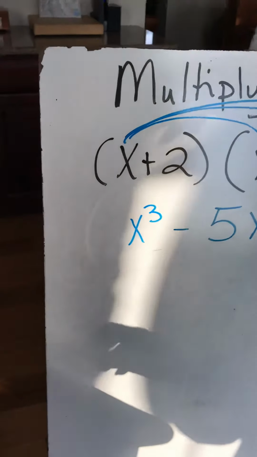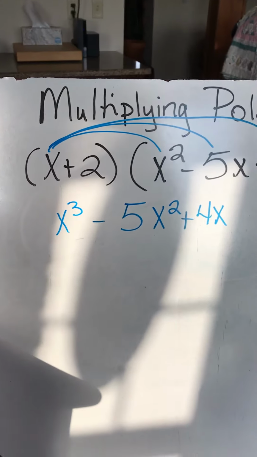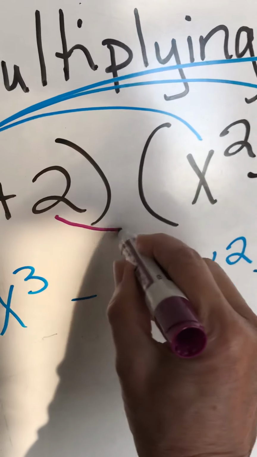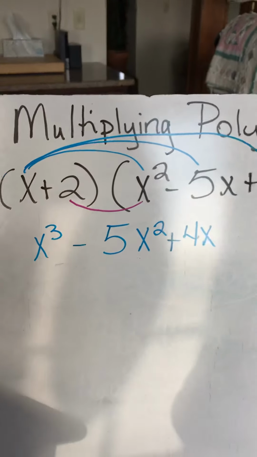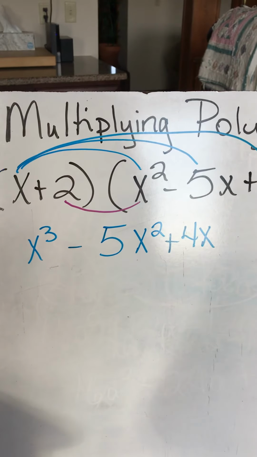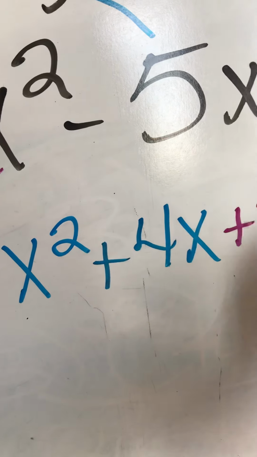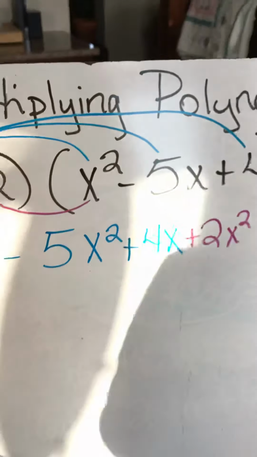Now I've got to take the 2 that's in my first parentheses. I'm going to take 2 times x squared. Well, 2 times x squared would just be 2x squared, so that would be plus 2x squared.